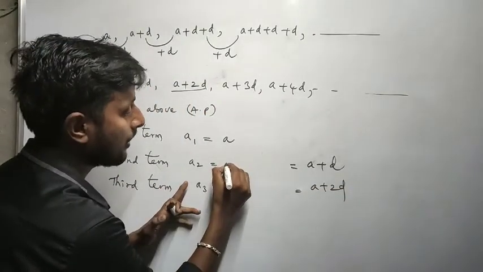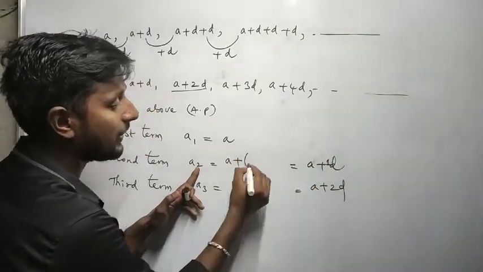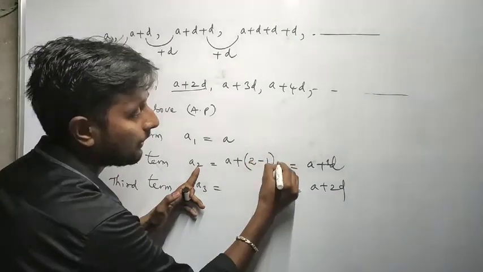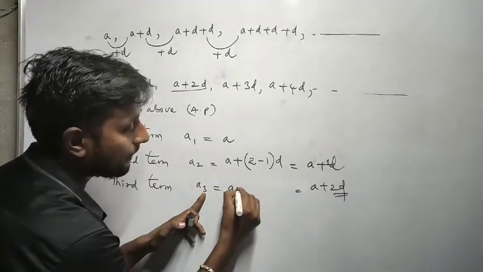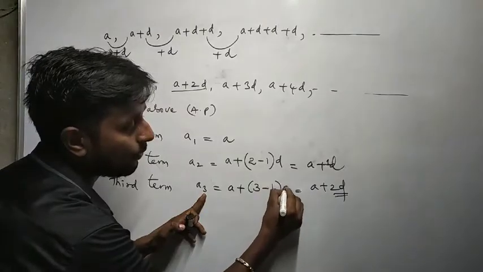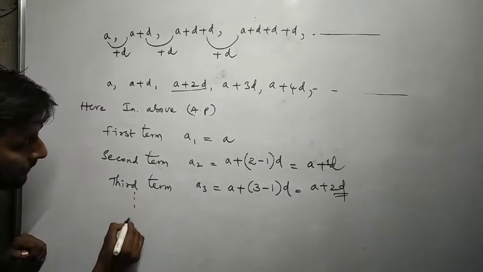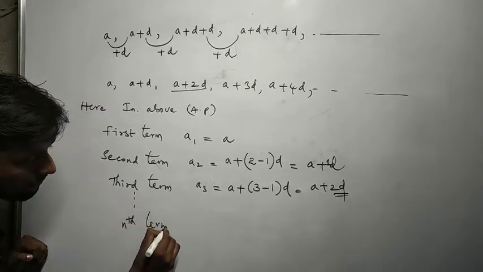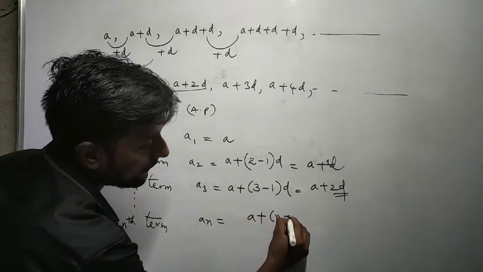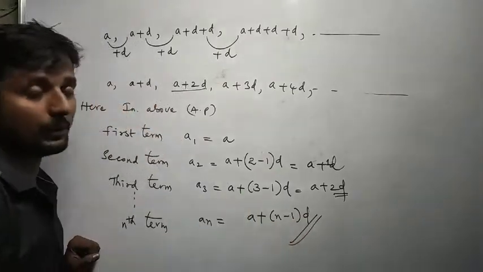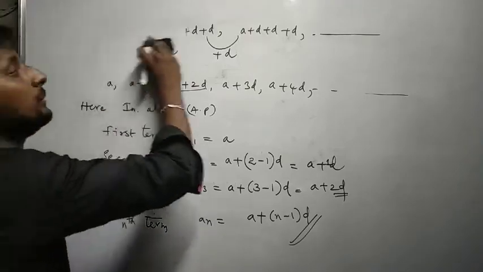For the second term we have 1D, which is 2 minus 1. For the third term we have 2D, so I write A plus 3 minus 1 into D, which is 2D. In the same way, for the nth term, we write AN as A plus (n minus 1) into D. That is the nth term in the series.